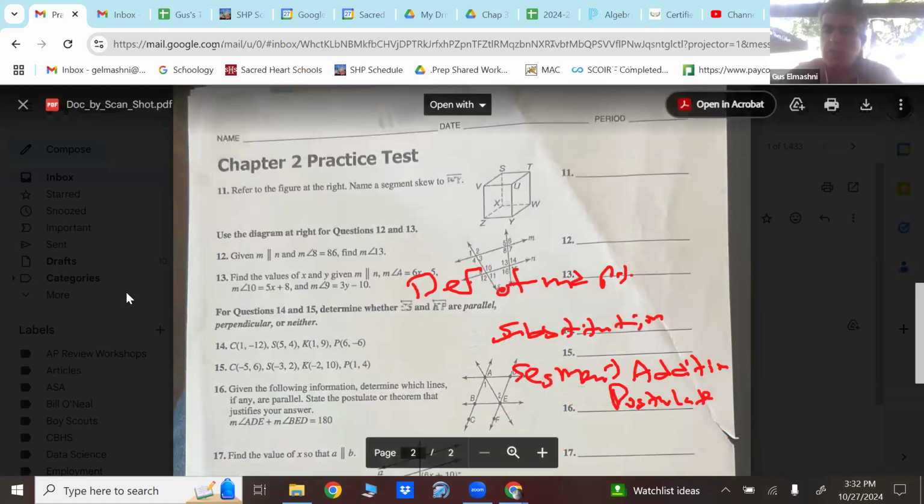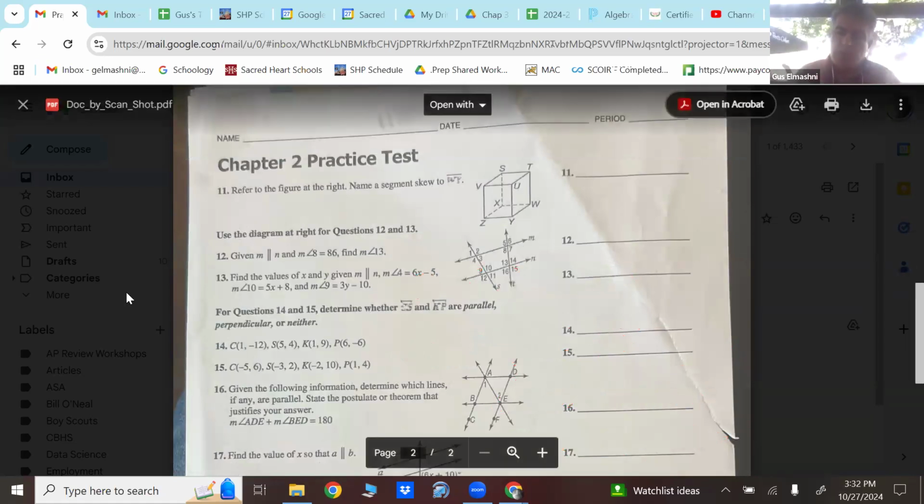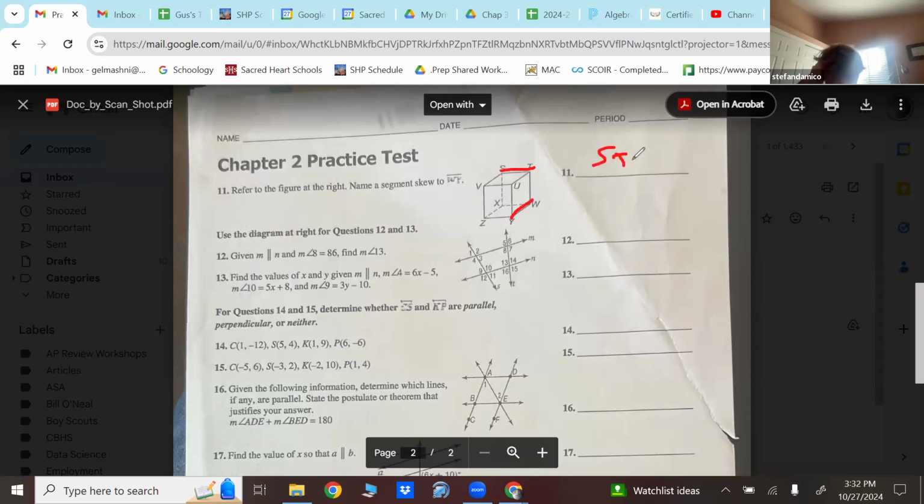Remember we talked about skew: it's when two segments don't touch, but aren't necessarily parallel. It's kind of like you have a line going like this and another line going like this, but maybe the first line is above the page and the second line is on the page or below the page. So for example, WY is right here. ST would be skew because it's not going to touch WY, but they're not parallel either.